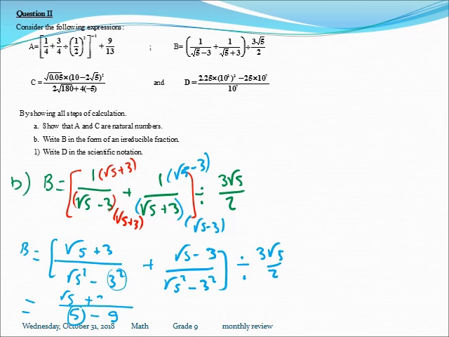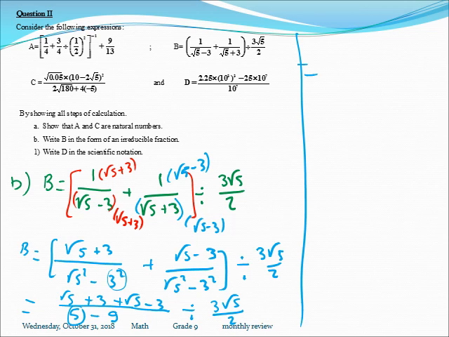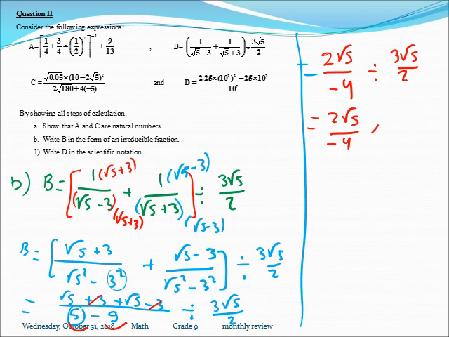Radical 5 plus 3 plus radical 5 minus 3, divided by 3 radical 5 over 2, equals 2 radical 5 over 5 minus 9, which is minus 4, divided by 3 radical 5 over 2, equals 2 radical 5 over minus 4 times 2 over 3 radical 5.